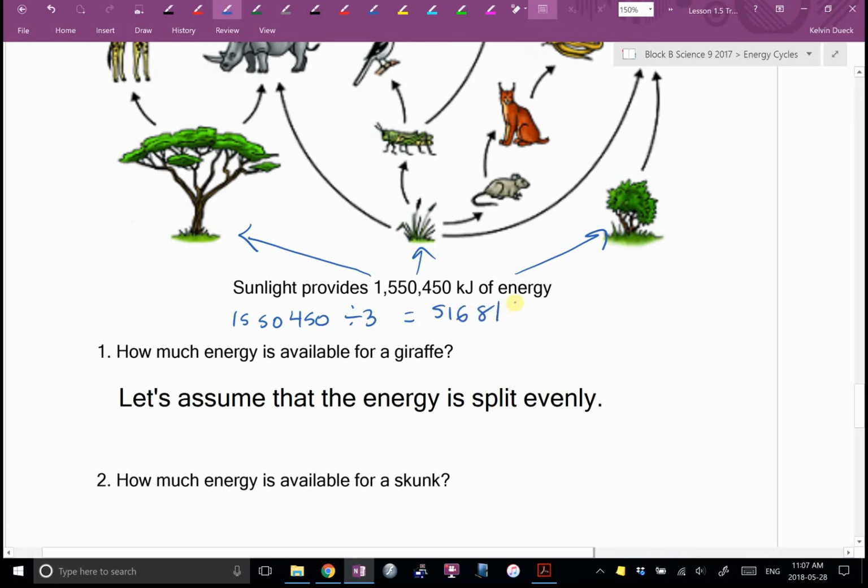So I'm going to go 516,817 if I round off properly. Okay. So, how much energy is available for the giraffe? Well, 10% of that. How do I find 10% of that? There's no zeros this time, but what did I say the really easy method is? Just chuck the last digit.